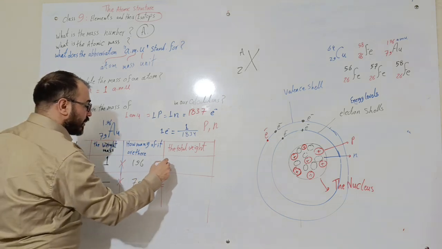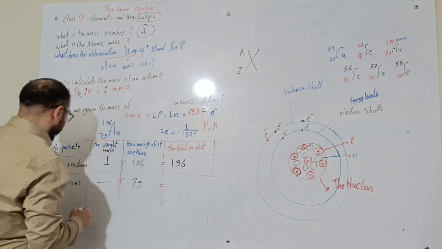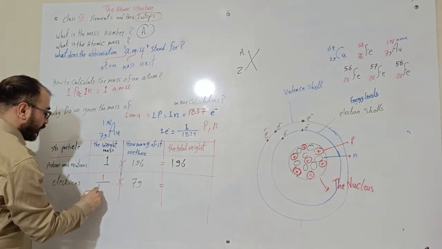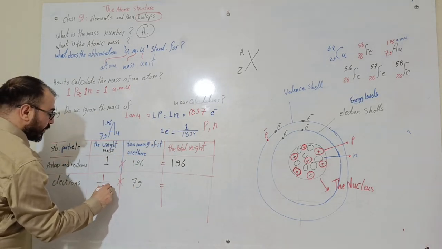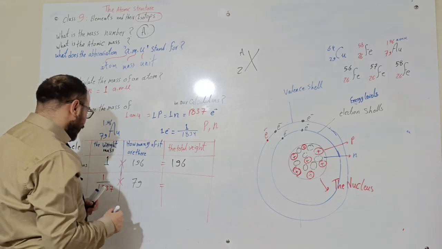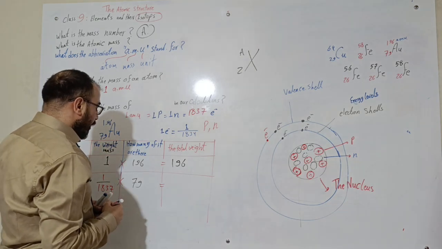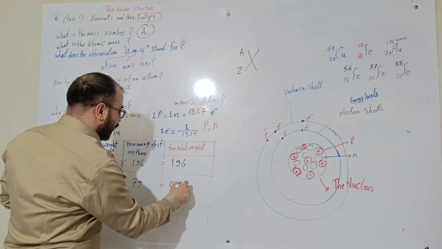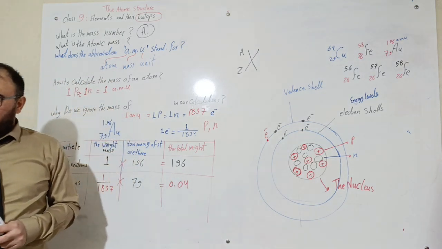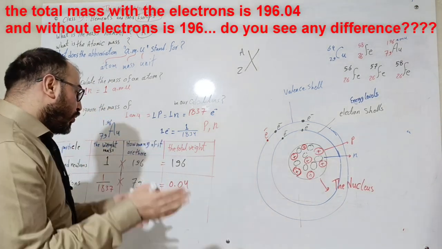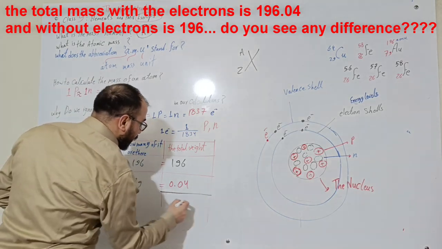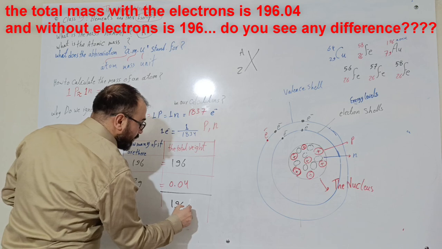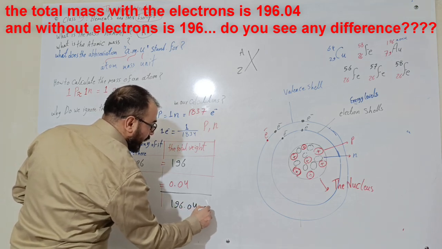Multiply 196, it's 196. What about the mass of an electron? The mass of an electron is 1 over 1837, and it is going to be approximately 0.04. Now, my friends, if we want to calculate the total mass of this atom, it is going to be 196.04 AMU.